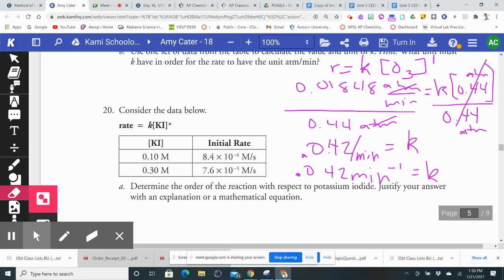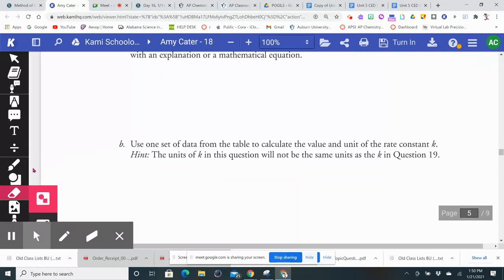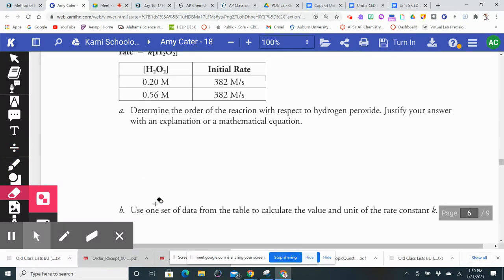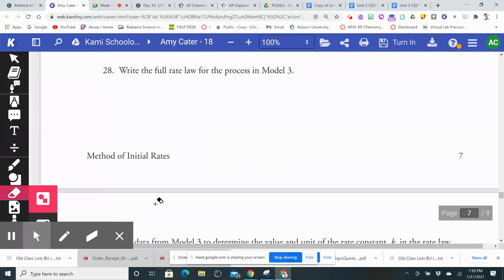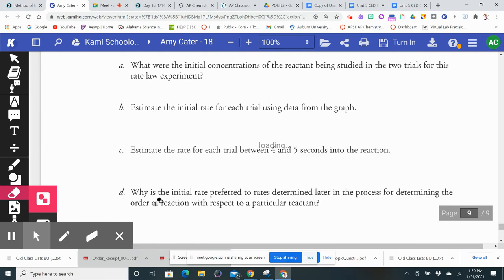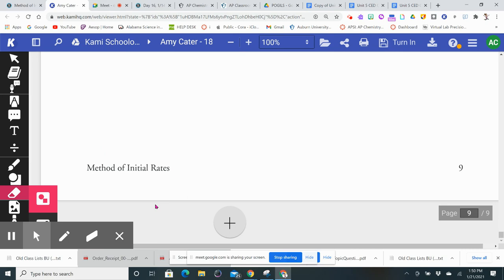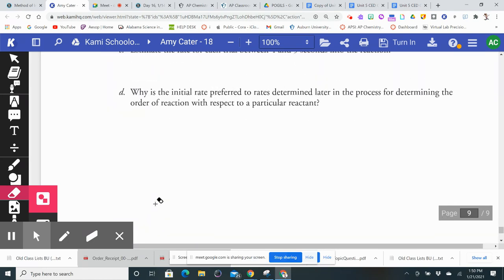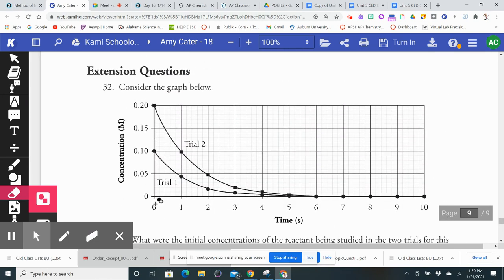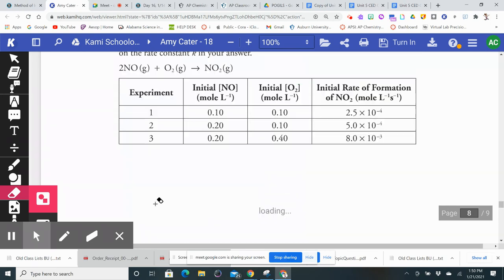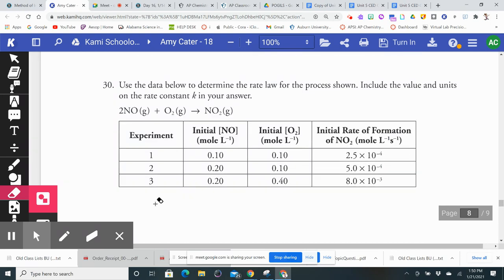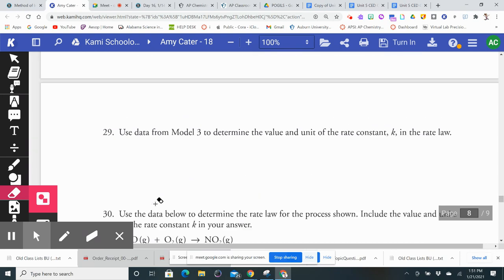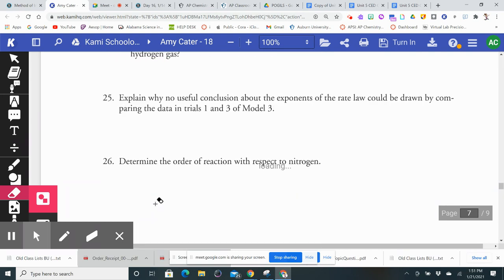Okay. So we got 20, we got 21. We are not going to finish this whole thing today. You will need to continue working through it. This is going to take you through rate laws, determining rate laws, everything that you've done in these Ed Puzzles up to this point.